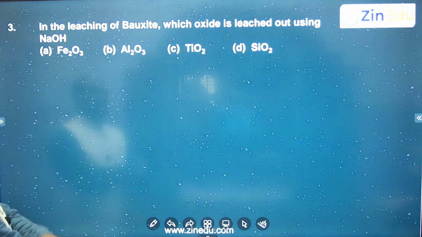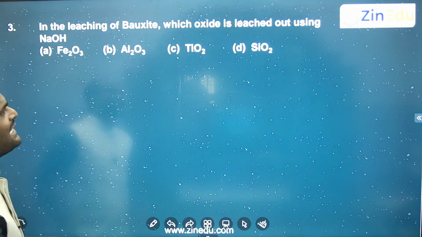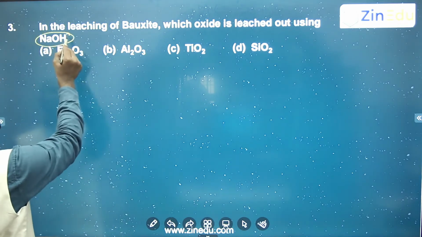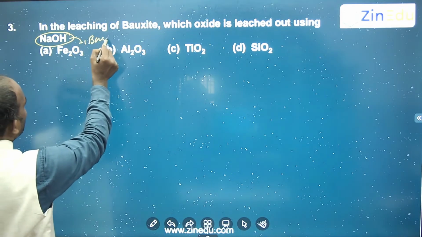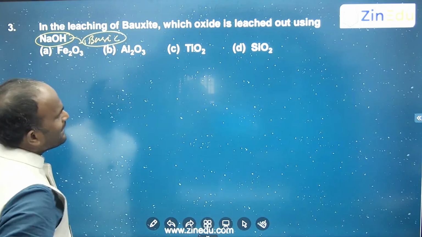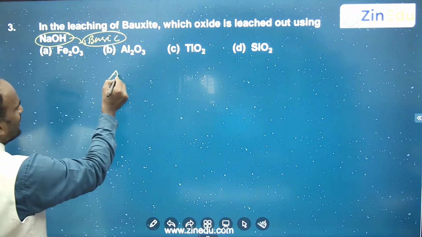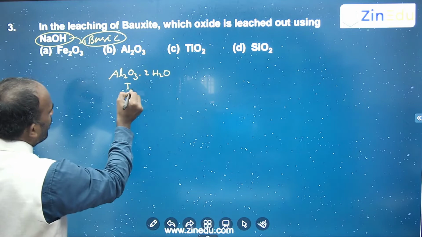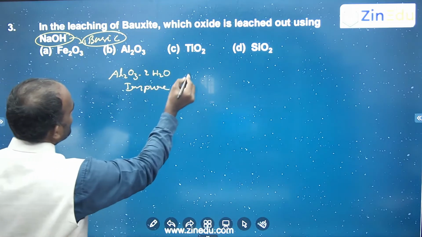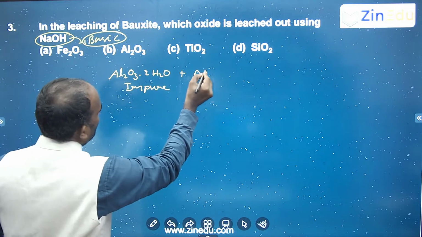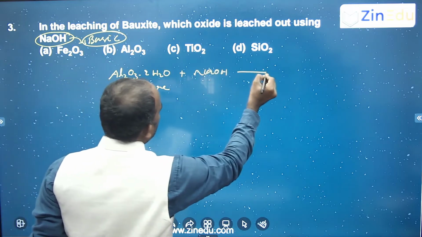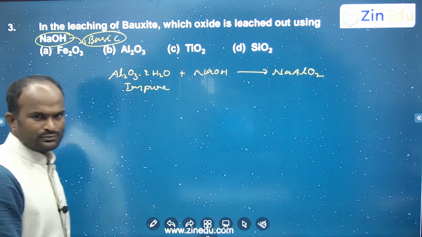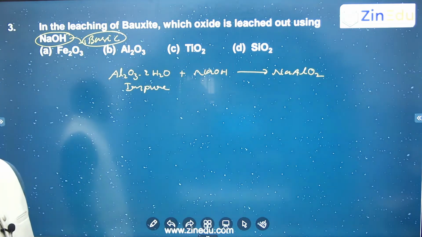In the leaching of bauxite, which oxide is leached out using sodium hydroxide? Actually, sodium hydroxide has basic property, right? So, in the leaching of bauxite, what is bauxite actually? Al2O3·2H2O, which is impure. Whenever it is reacted with sodium hydroxide NaOH, it gives NaAlO2, sodium meta-aluminate.